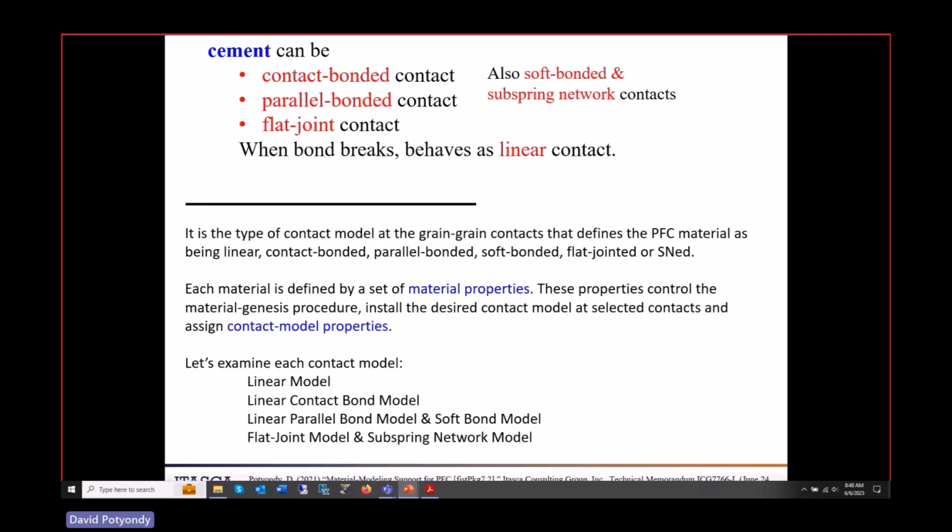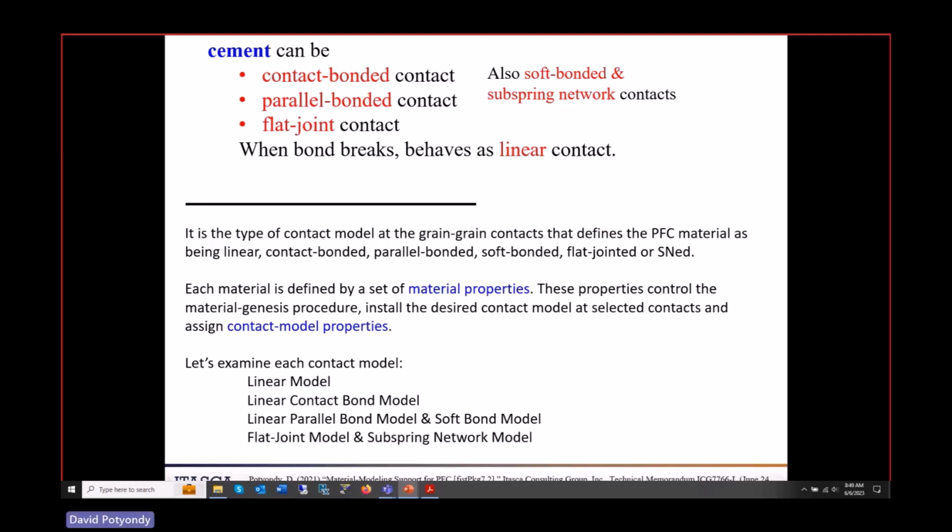If we're making a parallel bonded material, we first have to generate a cloud of grains of whatever shape and size distribution you want, and pack them together before you can bond them. So there's a well-defined procedure, which we're going to call the material genesis procedure, and that procedure has some parameters.